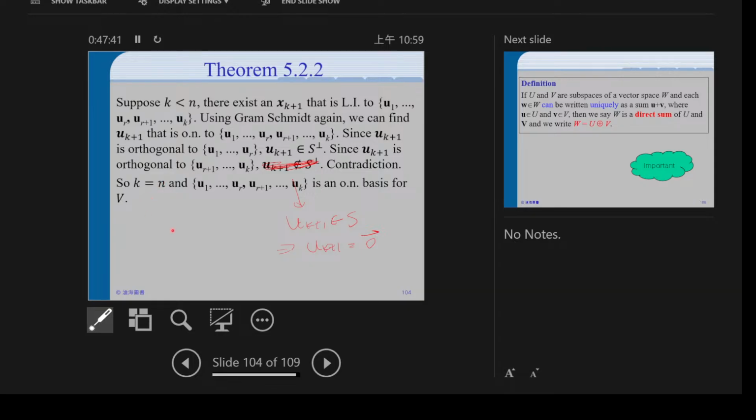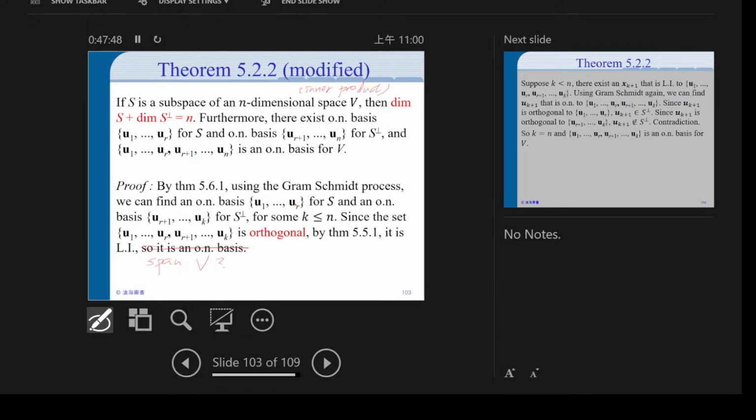So u1 to uk must have n vectors, and so we have two conditions: by theorem 5.1 it is linearly independent, and k equals n. So this is a weaker proof of theorem 5.2.2.